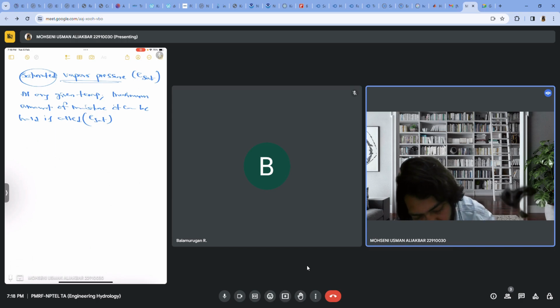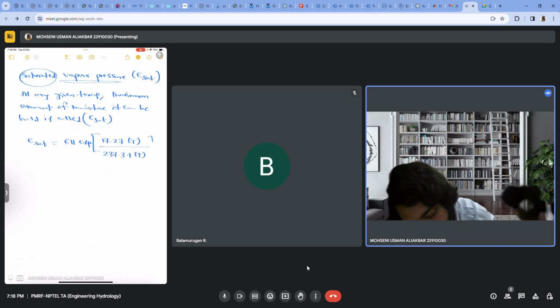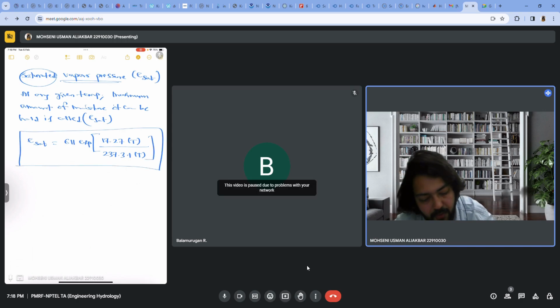So similarly for saturated vapor pressure also we have an equation. E of sat is nothing but 611 times exponential of 17.27 times temperature divided by 237.3 plus temperature. So this is the equation from where we can find saturated vapor pressure.